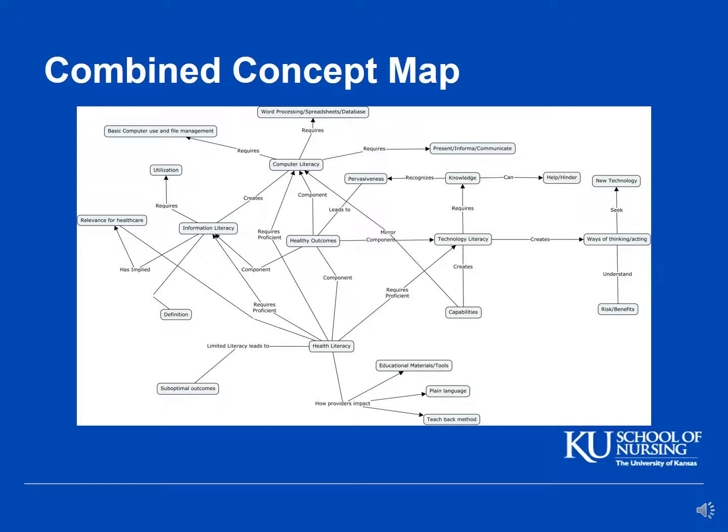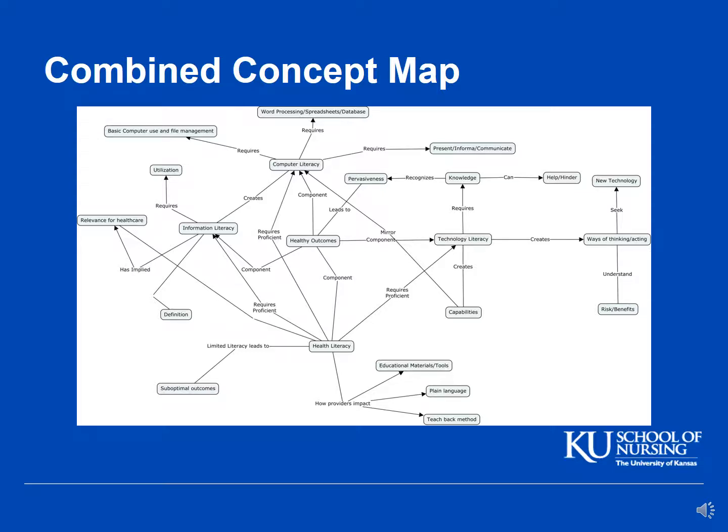One of those components of technology literacy is capabilities, and that leads directly to computer literacy, with having the knowledge of using the devices themselves and sorting through data and information, which directly leads to information and how you use it, how relevant it is to healthcare, and how you gain resources to affect healthy outcomes.